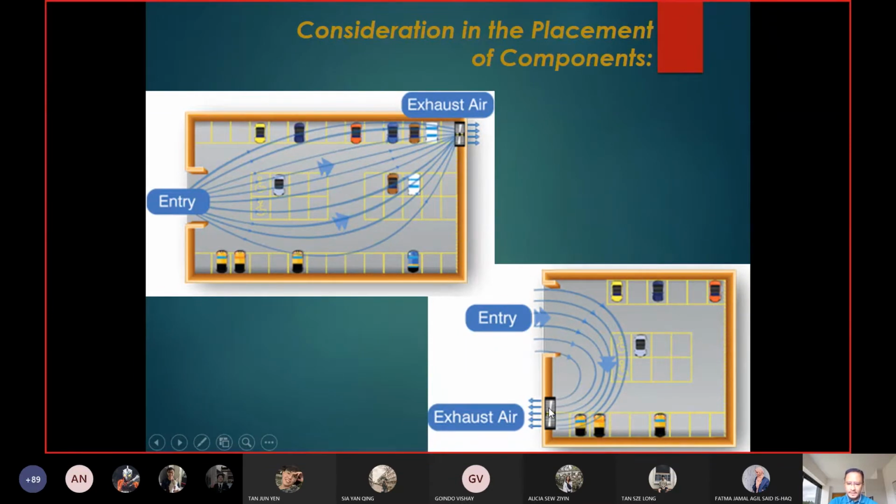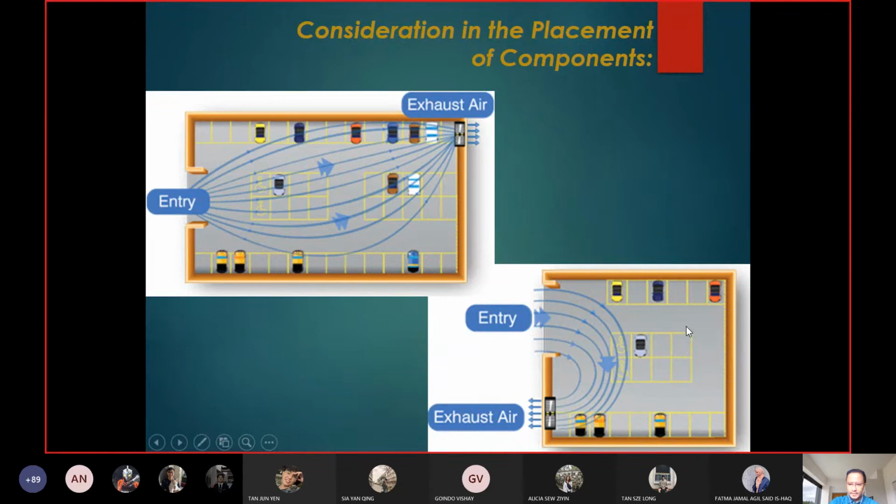And the exhaust fan is located at the corner here. But you can see that the flow of air from the opening to the exhaust fan just flows like that. So it doesn't really carry the smoke, the dirt, whatever, from the basement and out of the building.